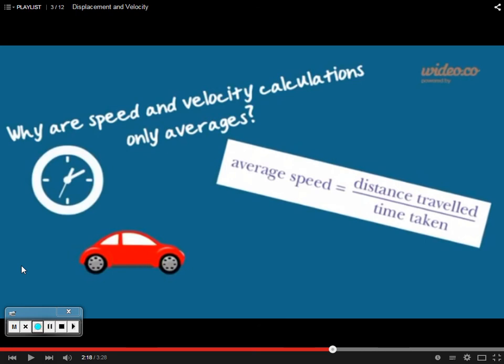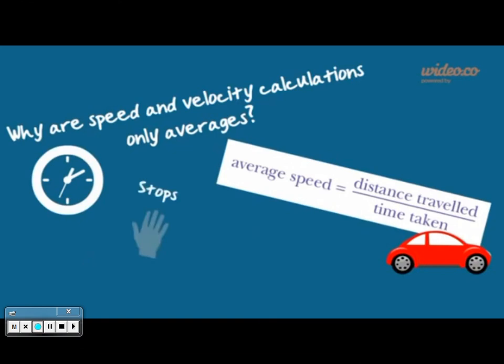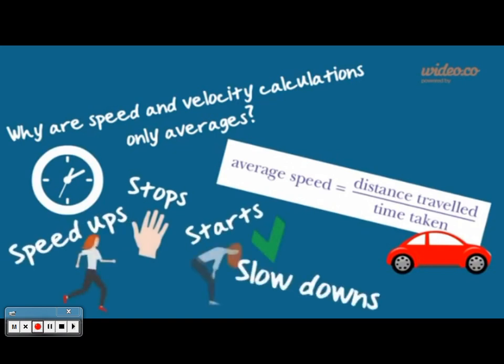Okay. Well, if you were to travel from your place today to school, sometimes you would be going slow, sometimes you stop, sometimes you start, sometimes you speed up, sometimes you slow down. Can you get from your place to here today without changing your speed?